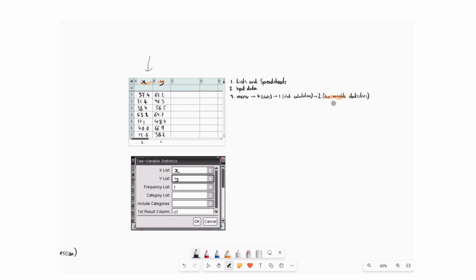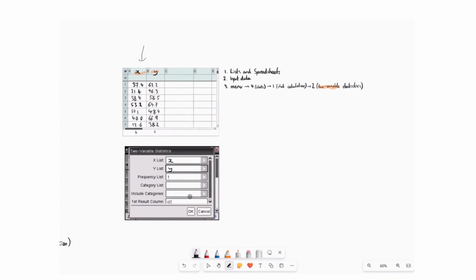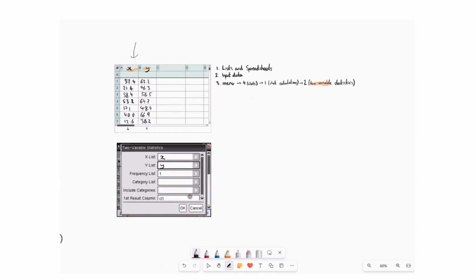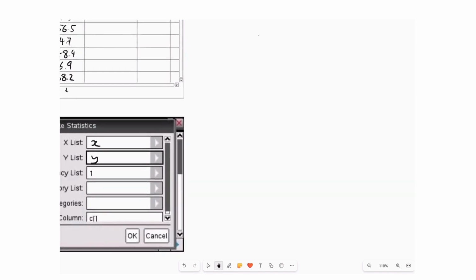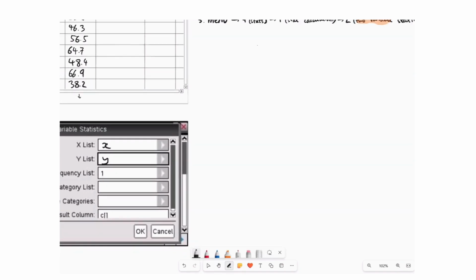When you press 2 variable statistics, it should bring you to this page here. Just put X into your X, Y into your Y, and press OK. Ignore everything else. What should technically come up are a bunch of different answers, but scrolling down, you should see the letter R. Now, hopefully, you've gotten R is equal to 0.72849 whatever.